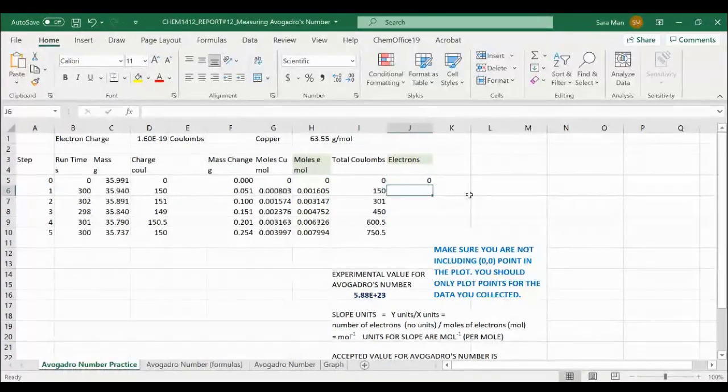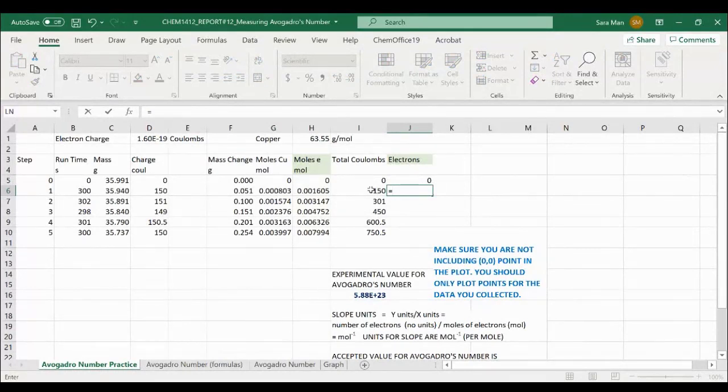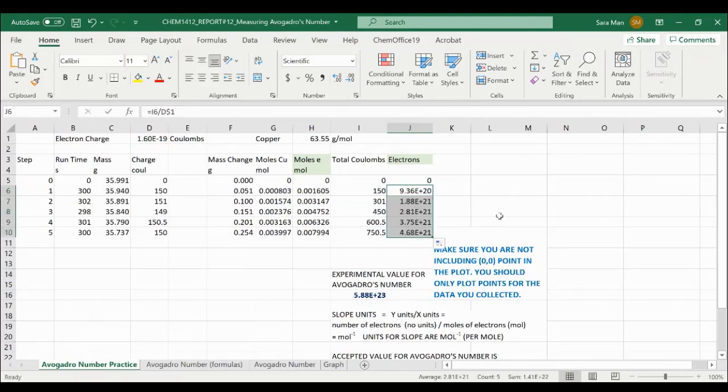We can do it this way. Equal this charge divided by, I can do D and then the dollar sign and then 1, or I can just write the charge of 1 electron.